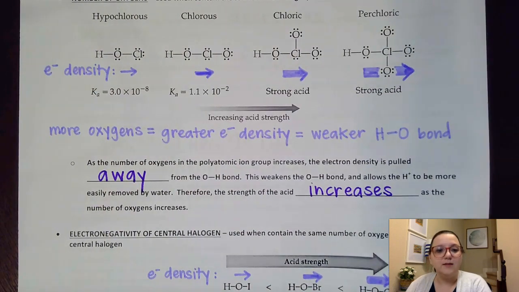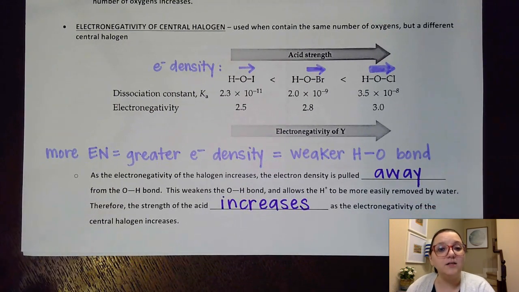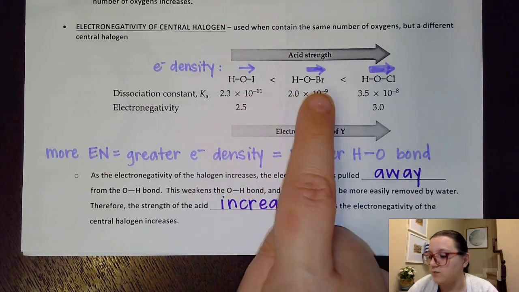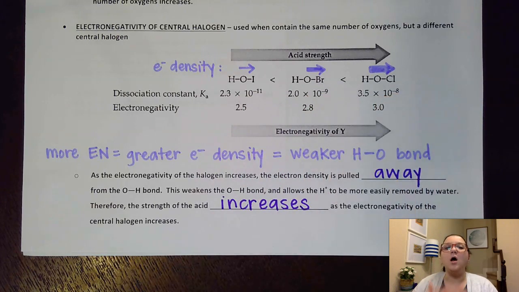All right, let's now think about the central halogen being different. So you notice on all three of these, I have the same number of oxygens now, but now I have a different central halogen. Here I have iodine, here I have bromine, here I have chlorine. And so when I change that halogen, I end up changing the electronegativity.